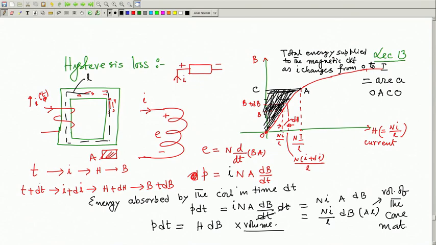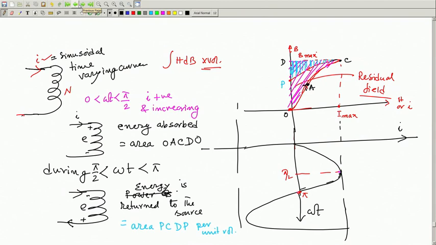In time dt, if current increases from I to I plus dI, H to H plus dH and so on, then we showed that the energy will be absorbed by the coil when current is increasing or H is increasing, and the area under this curve, the BH curve. So, H dB is the energy supplied, and then total energy supplied can be calculated.